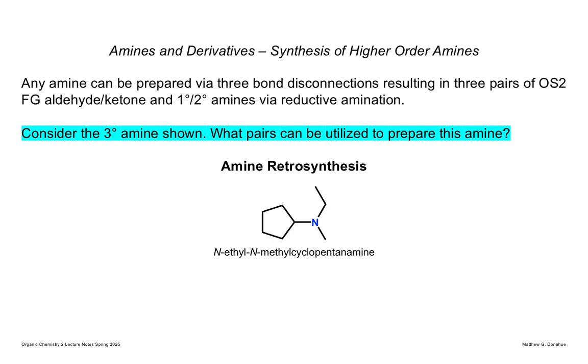So we'll look at this compound, N-ethyl, N-methyl cyclopentanamine. And so we see that it's a tertiary amine. And really what we're looking at is the scenarios from nitrogen to the 3 different carbon substituents. So in our mind, we're going to cleave that bond, figure out what starts from the amine, and then what gets the carbonyl component.